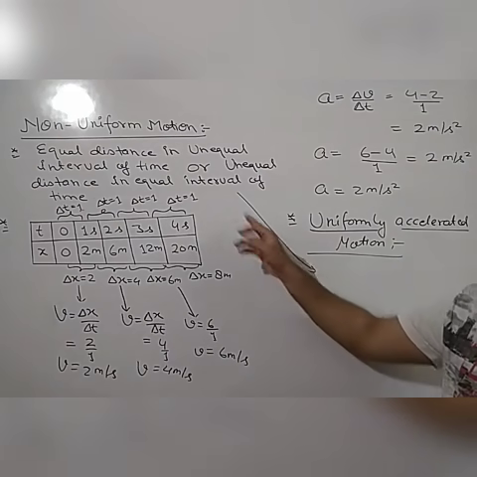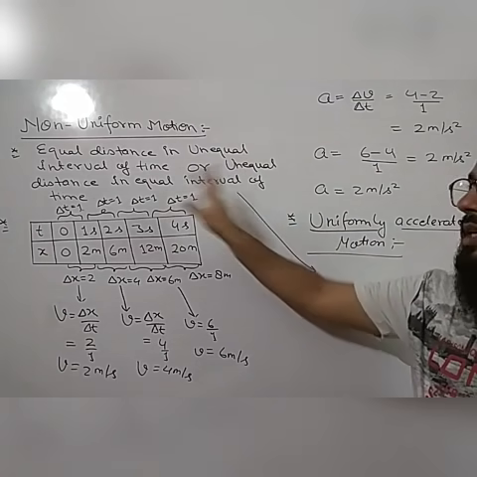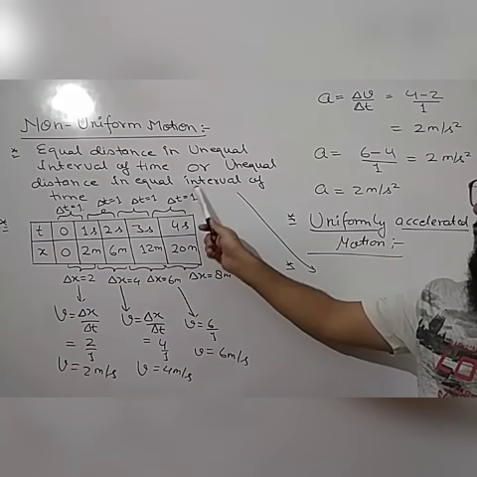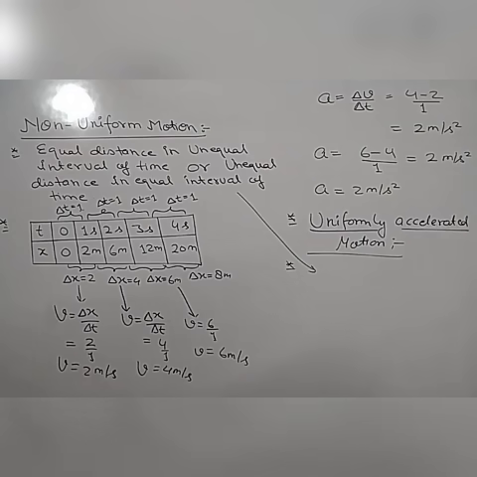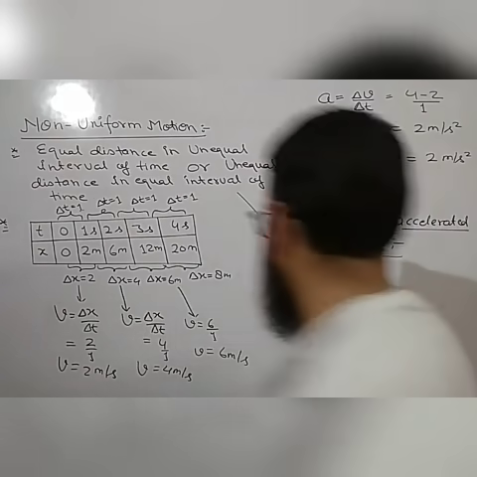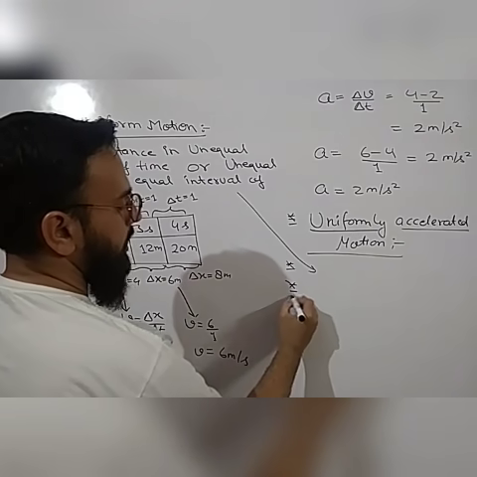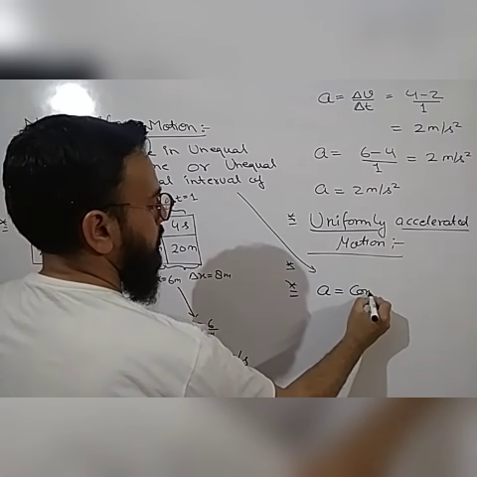If a body covers equal distance in unequal interval of time or unequal distance in equal interval of time, and acceleration also remains constant, then such type of motion is known as uniformly accelerated motion. So this is the first, you have to write this, and the second point is acceleration is equal to constant.